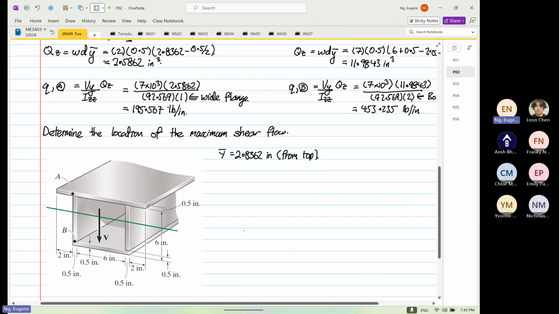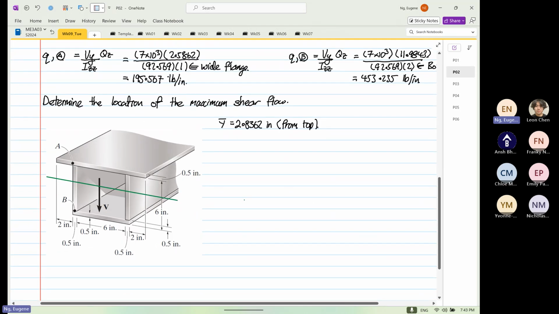So we are going to consider the top section. So this is where I label this is our top.